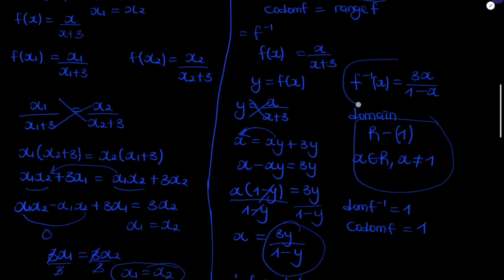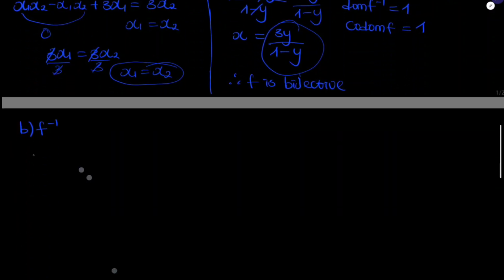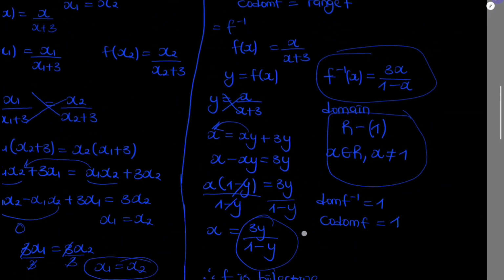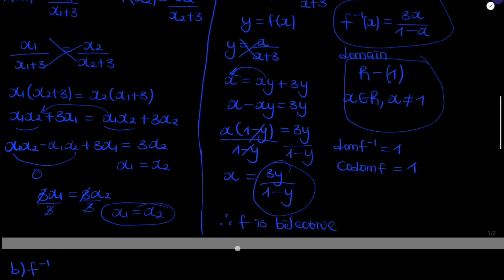So from above, our inverse of f was 3x on 1 minus x. So we can just simply write that from above, our f inverse of x was 3x on 1 minus x. So that is all for the B part.